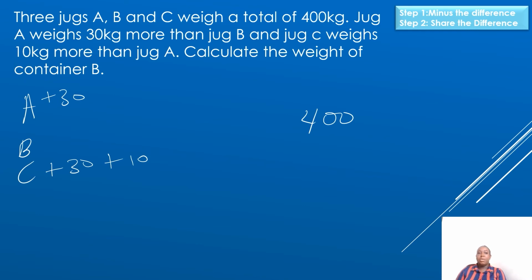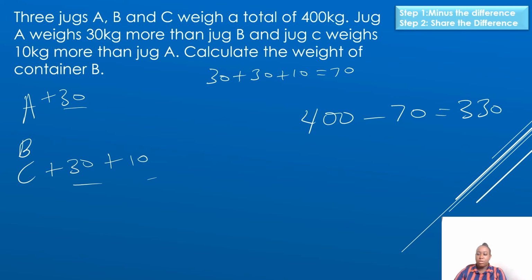Okay? Now that I've worked this out, remember A is only 30 more than B. That's what they said. So now that I know, I need to add 30 and 10 and find the difference. Okay, 30 plus 30 is 60, plus 10 is 70. So it's going to be the total 400 subtract 70, which is going to give me 330.